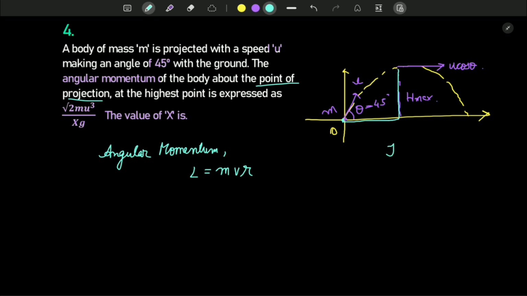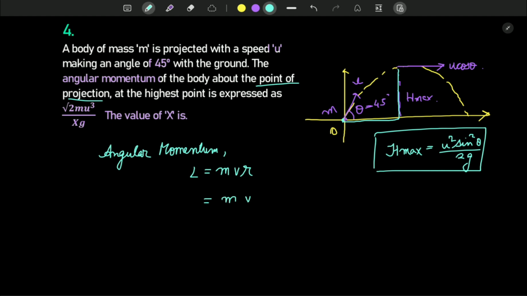I know that h max equals u square sine square theta upon 2g. This is the basic formula for projectile motion, so I will use this formula. So for angular momentum m, v, and r, v is u cos theta, sorry. So u cos theta over here, and r is u square sine square theta upon 2g.